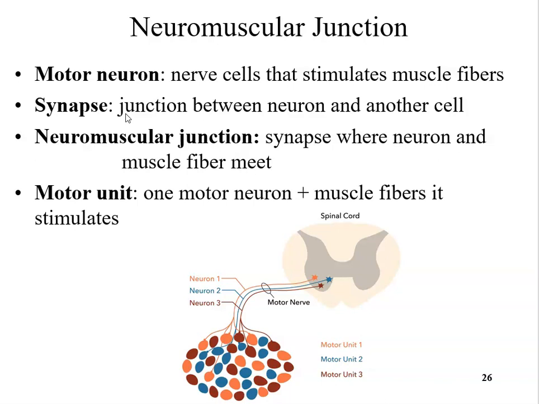A synapse could be between a neuron and another neuron, a neuron and a gland that secretes things like hormones, or a neuron and a muscle cell. And it's these last synapses that are termed neuromuscular junctions. So neuro for neuron, muscular for muscle, junction just means a meeting area.